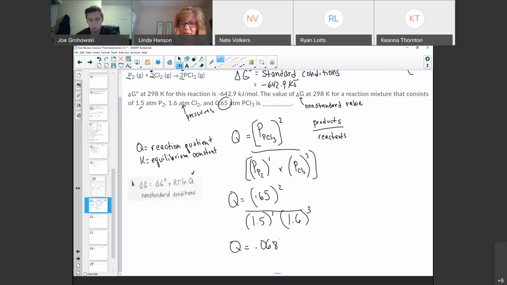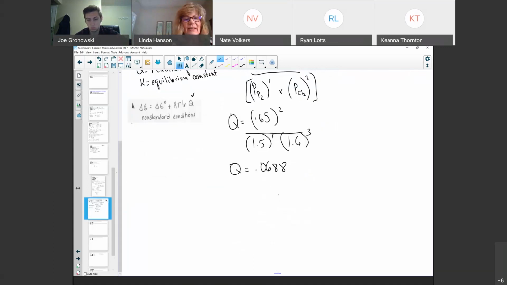Let me round a little bit. Since we are at non-standard conditions, we solved for the reaction quotient. This is the same process as the equilibrium constant if we were at standard conditions, taking products over reactants.